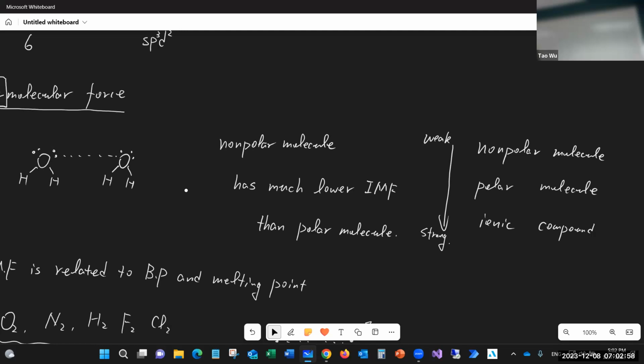And why can some bugs stand on the water? This is also because of the intermolecular force. And why do you have a waterproof coat? When water lands on your coat, it just flows away and doesn't stay. It's because the coating is not going to bind with the water molecules.